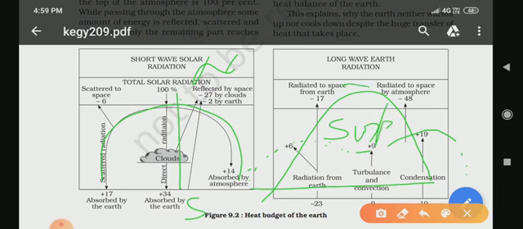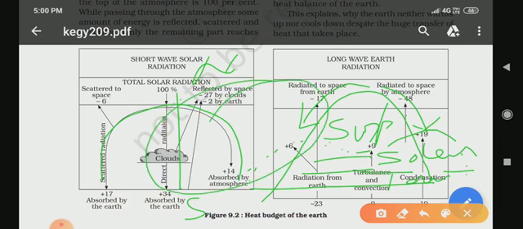Sun rays reflect like this, and then here we can see solar radiation, and another is terrestrial radiation. So those two processes work here, and according to this we can see in our earth it makes a balance in the atmosphere. So some parts of our earth are cool, some parts are very hot, but it makes a balance between them.